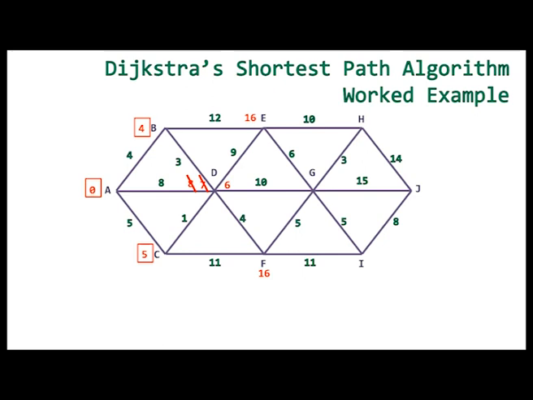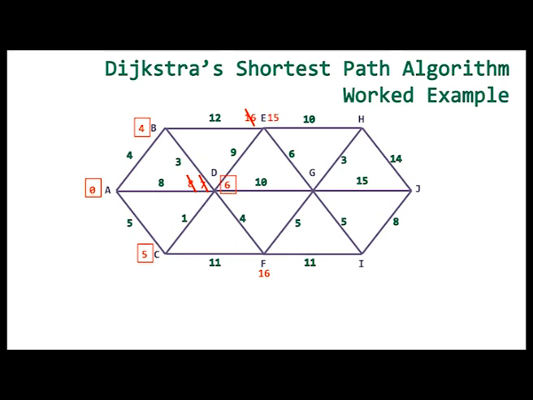So now we look again and find the lowest number. The lowest number is 6, so we're starting at 6. 6 plus 9 gives us 15. So from D to E, it's 15, which is lower than 16, so we cross that out and write in 15.